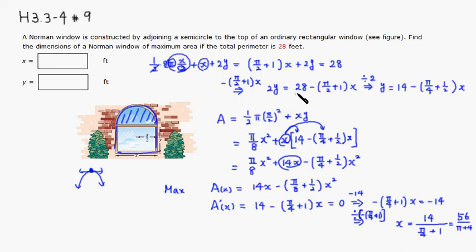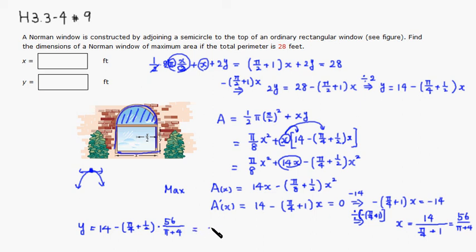Now we have to find the corresponding y value. Here's the formula right here. So y is equal to 14 minus pi over 4 plus 1/2, and we just found x to be 56 over pi plus 4, so times that.